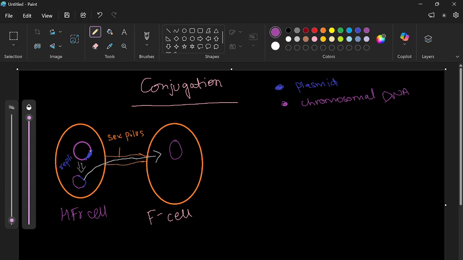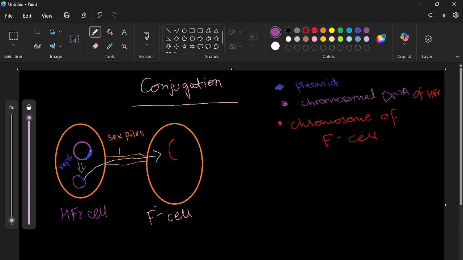What will happen is that a bit of the chromosome, let me just mark it as chromosome because it's not distinguishable. Suppose this is the chromosome of the F minus cell, and this is of the HFR.